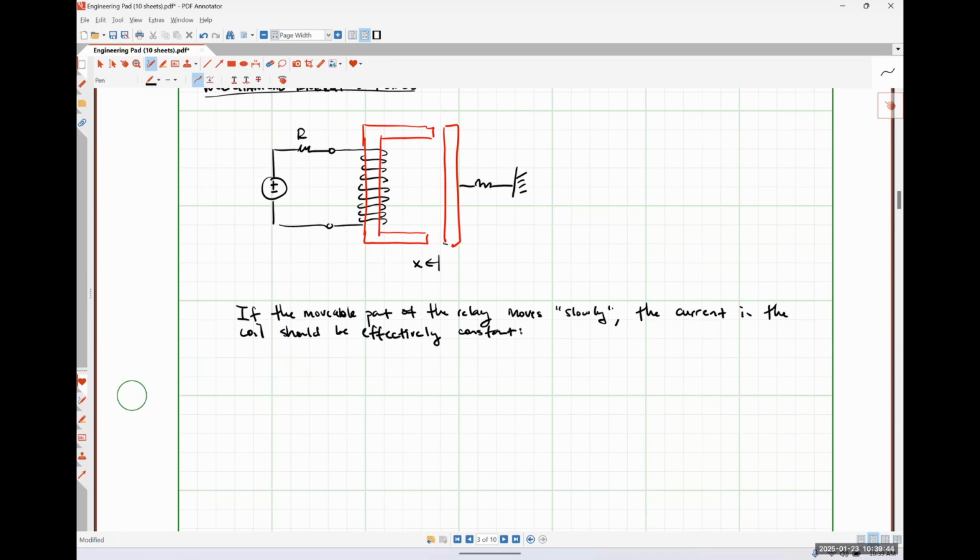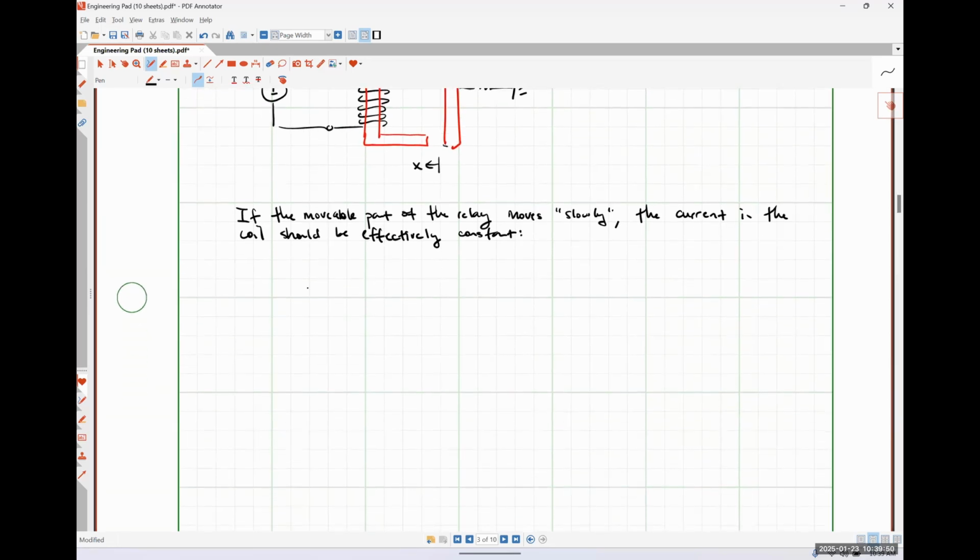So if we were to look at our flux linkage versus current diagram, it would look something like this. Here's flux linkage on the y-axis yet again, and here's current on the x-axis. I'm going to put a dashed line here representing some constant value of current, I constant.